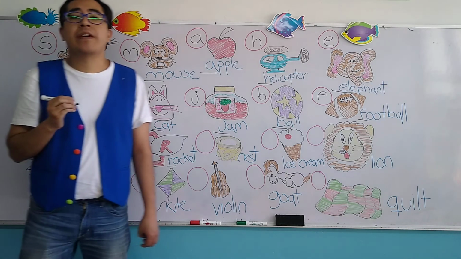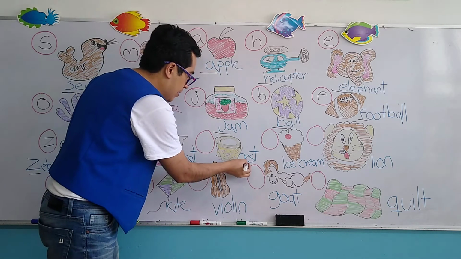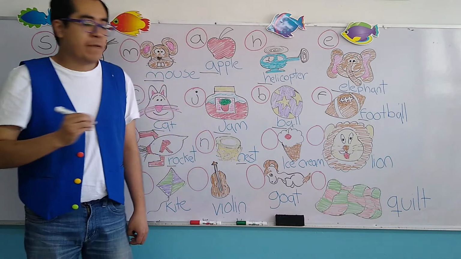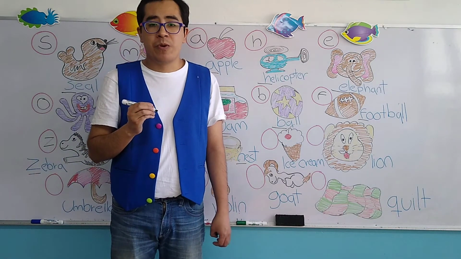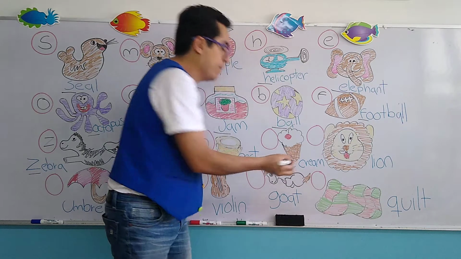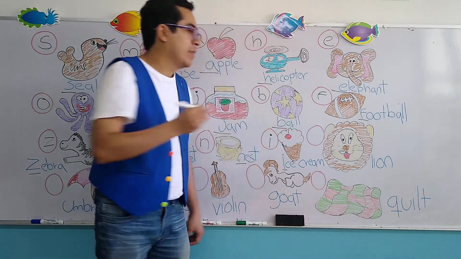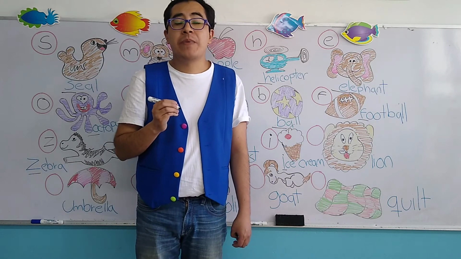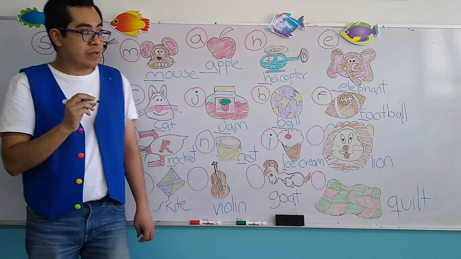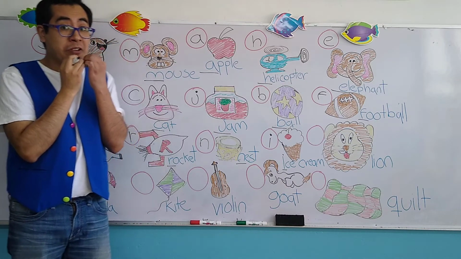The first letter that appears on the word nest, letter N. The first letter that appears on the word ice cream, letter I. The first letter that appears on the word lion, remember, oh my God, I'm afraid, because remember lions are very dangerous.